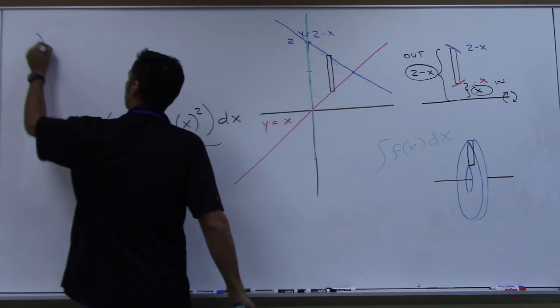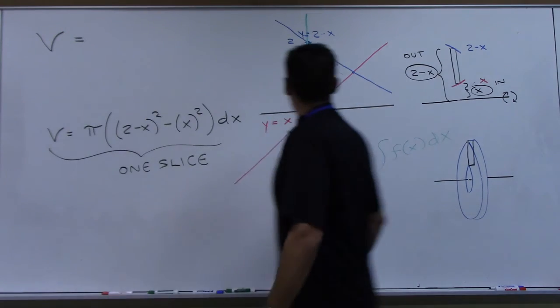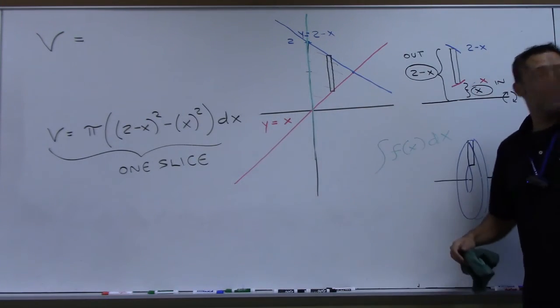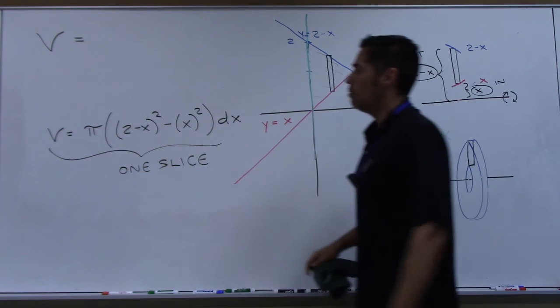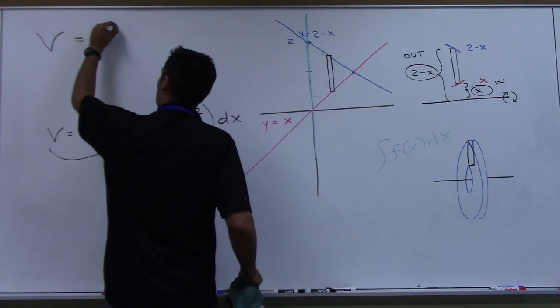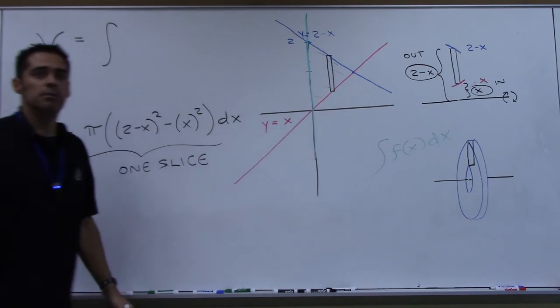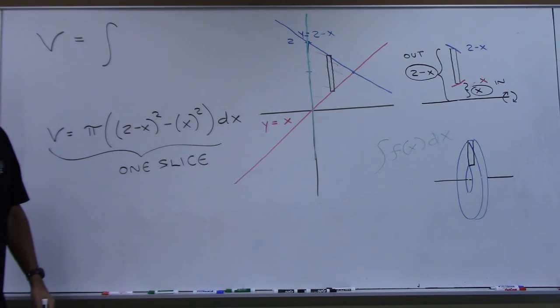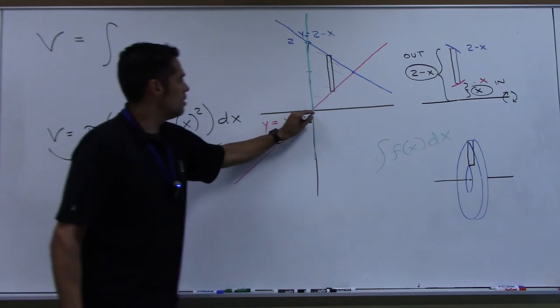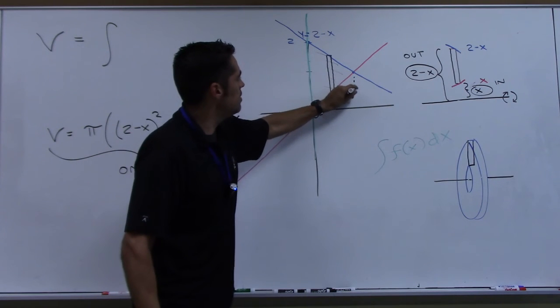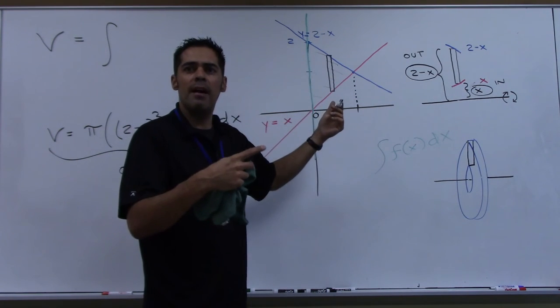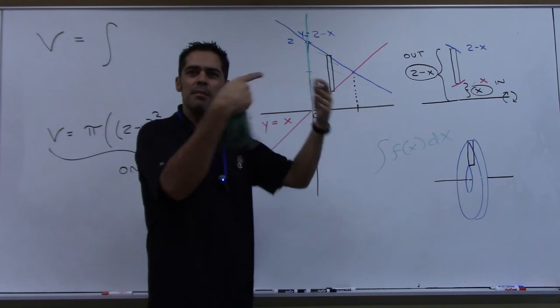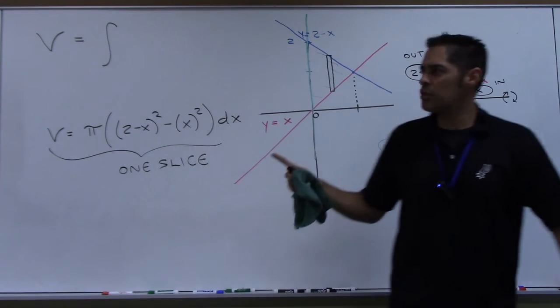The volume of that entire solid wrapped around will be the integral from where to where? 0 and then to wherever this is. We never figured it out, but it is 1. You would set them equal to each other, or just do a quick visual inspection.